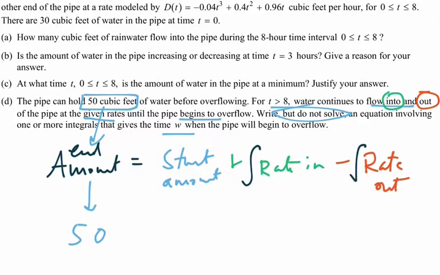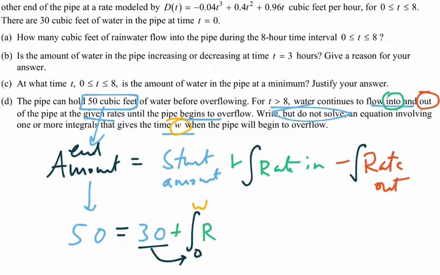So 50 is going to be equal to the start amount, which was 30, plus the integral of the rate in, and that integral is going to start at 0. And notice it does have to start at 0 because at t equals 0 was when we had the 30. And it's going to end at W, because W is that final time.